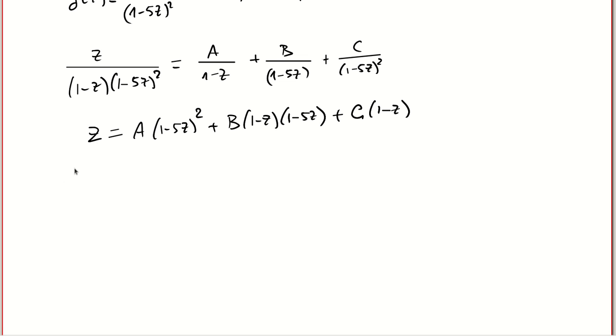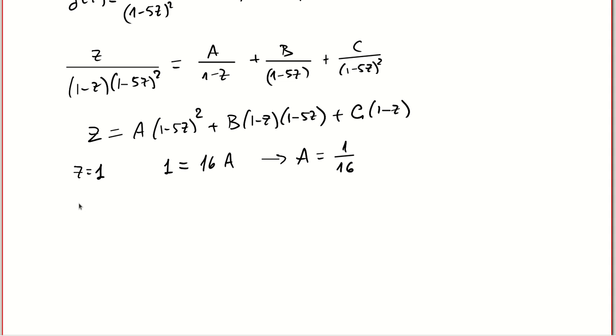So for instance, if we take z equal to 1, this goes away, and then we have just this factor. So we have 1 on the left hand side, and on the right hand side we have 1 minus 5, which is minus 4. The square is 16, so we have 16a. So a is equal to 1/16. Okay, 1/16.